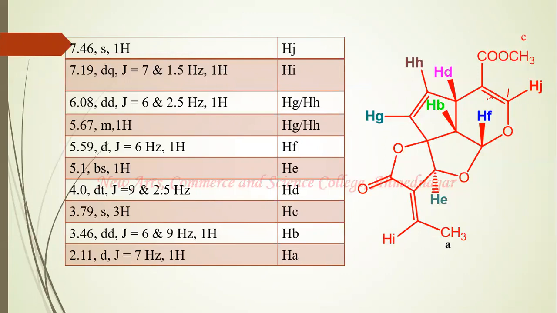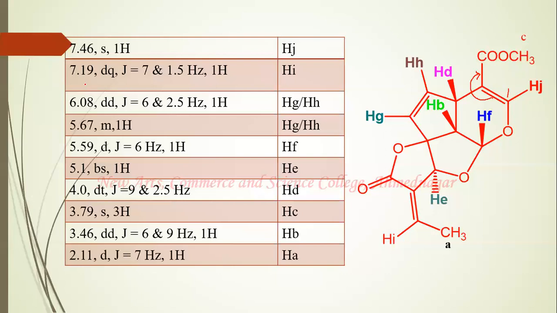Plus the electron withdrawing resonance effect of the carbonyl group is going to decrease the electron density to a greater extent, and therefore the carbon atom to which the Hj proton is attached is highly electron deficient, and so the Hj proton is the most de-shielded proton. So the 7.46 signal will be because of the Hj proton. As it has no coupling partner, its signal will be a singlet.